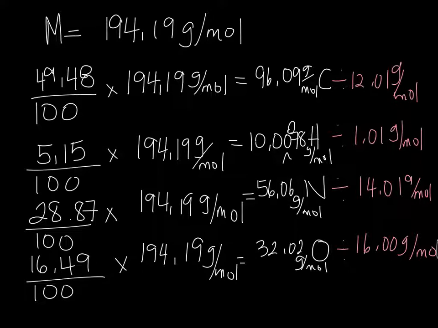Whatever number you get, you're going to round it to the nearest whole number. That's going to give you the number of atoms of that element in your molecular formula. So this is going to give us our molecular formula first. So what's 96 divided by 12? 10 divided by 1. 56 divided by 14. 32 divided by 16.